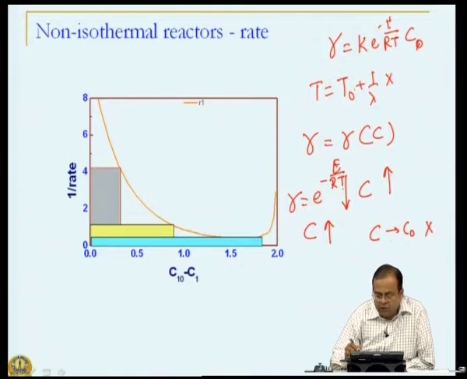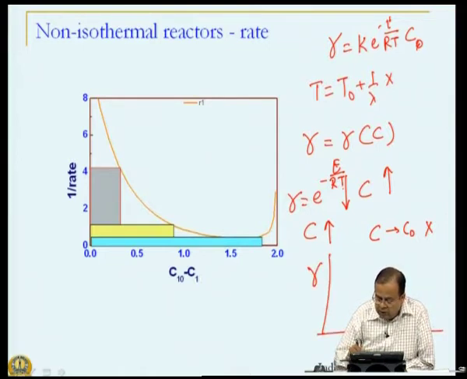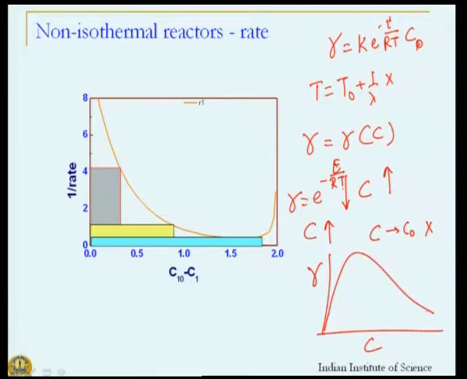So what happens is the rate versus concentration plot actually looks something like this. Why this behavior? Because if concentration is low, the rate is low, because it is linearly proportional. If concentration is high, remember concentration and temperature are related to each other. So, if concentration is close to C naught, that is high, temperature is close to the inlet temperature, which is a low value.